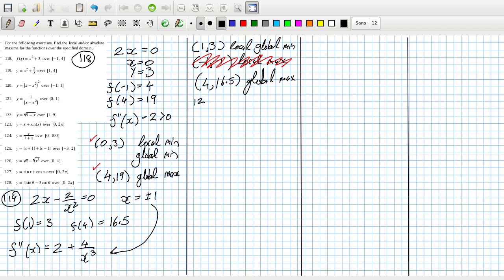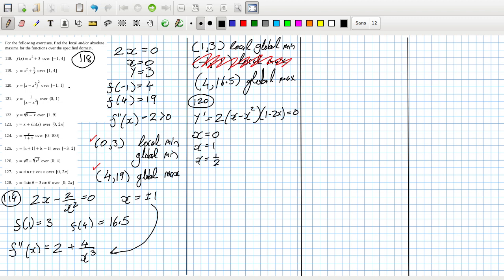Okay, 120. The derivative is 2x minus x squared, 1 minus 2x, and that should equal 0. So that means x could equal 0, because I could take the x out here and I'd be left with 1 minus x. So x could also equal 1, or x could also equal a half.